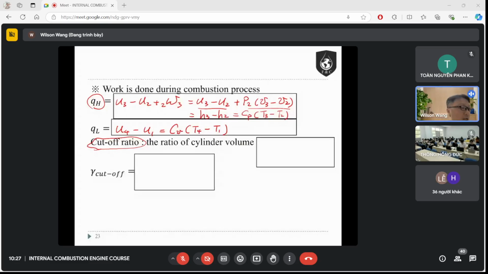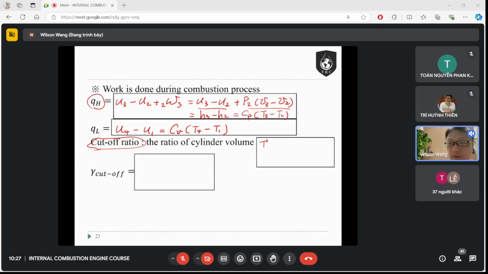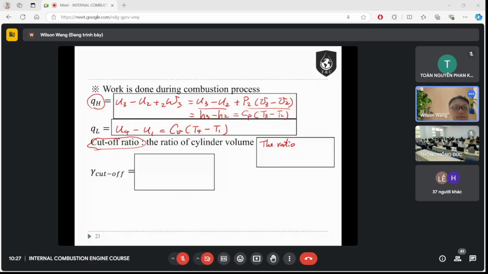This volume change we call the cutoff ratio, the ratio of the cylinder volume after and before combustion, which is V3 by V2. Before combustion is V2, after combustion is V3, all right?